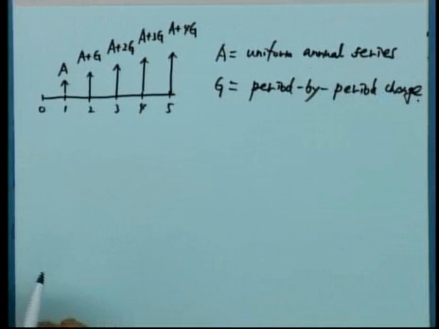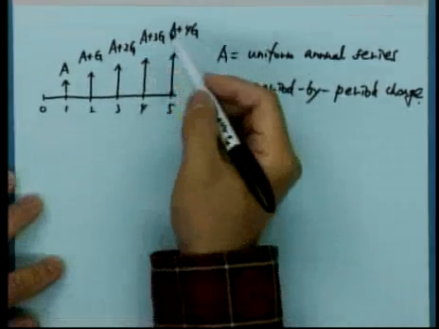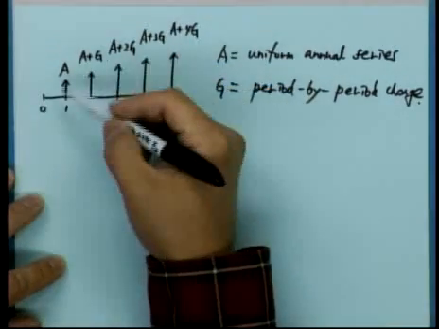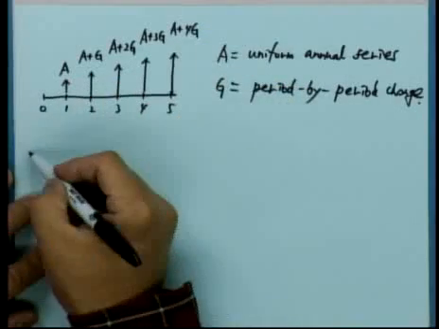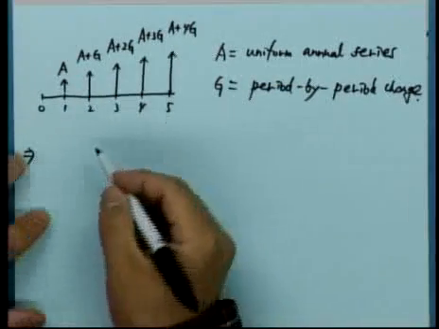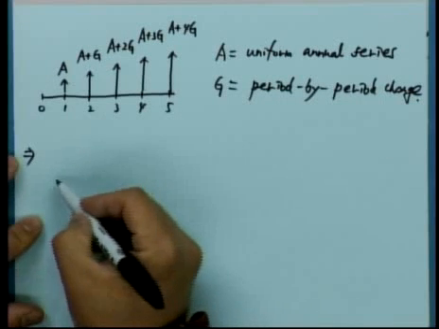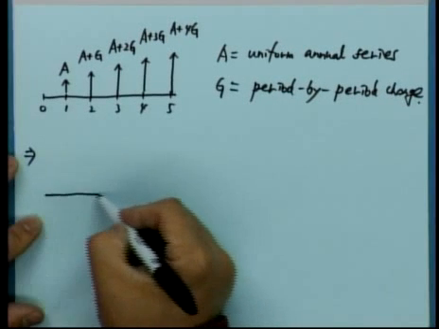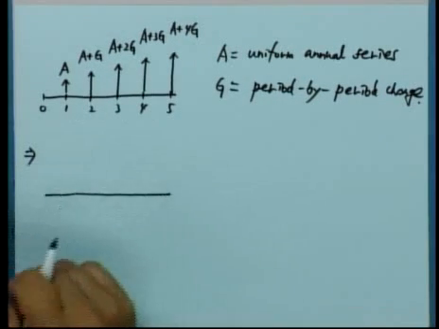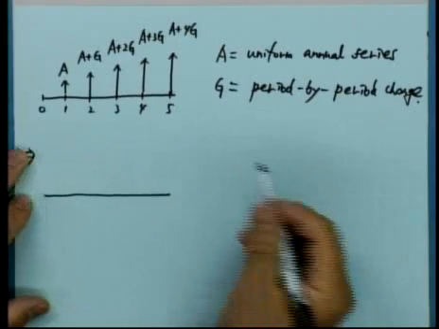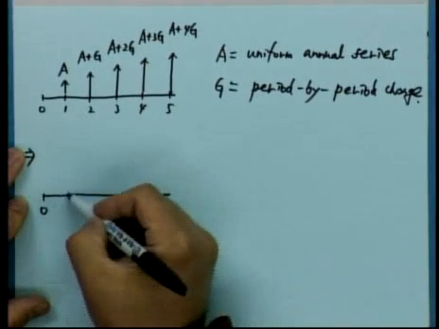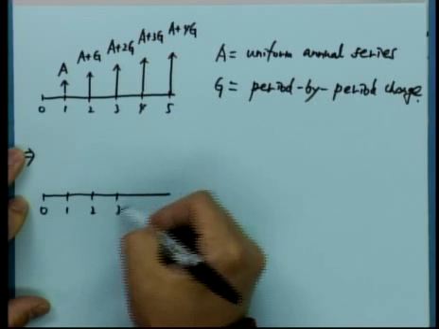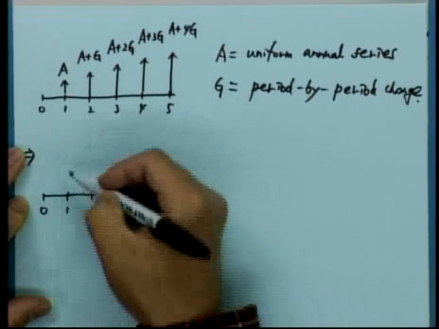Okay. Then this uniformly increasing series can be broken into these two parts. The first part for the uniform annual series, so 0, 1, 2, 3, 4, and 5.